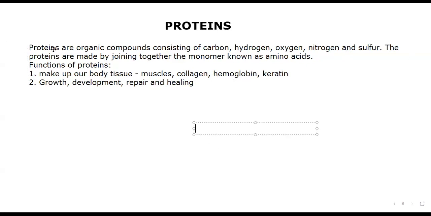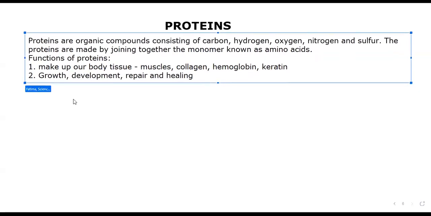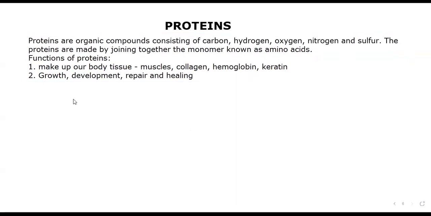Now, what we need to understand is how your proteins are going to be made, how the monomers are going to join together. The monomer is known as amino acid. First of all, let's go over the structure of an amino acid. What is the structure of an amino acid? We will have a central carbon atom.